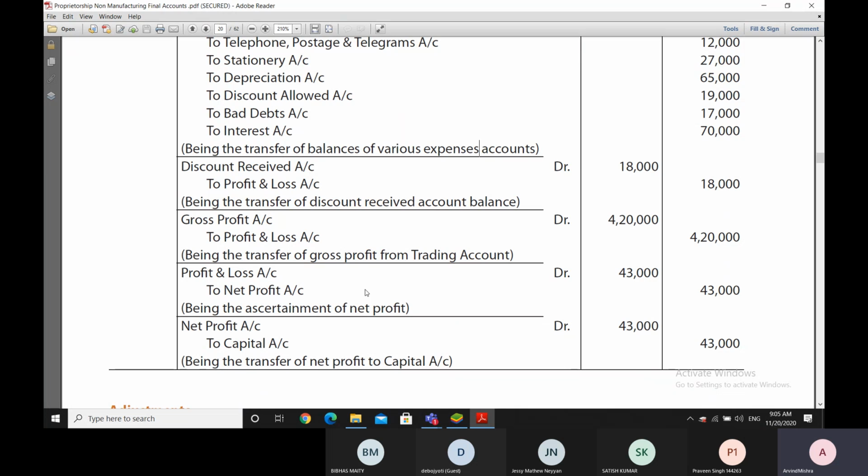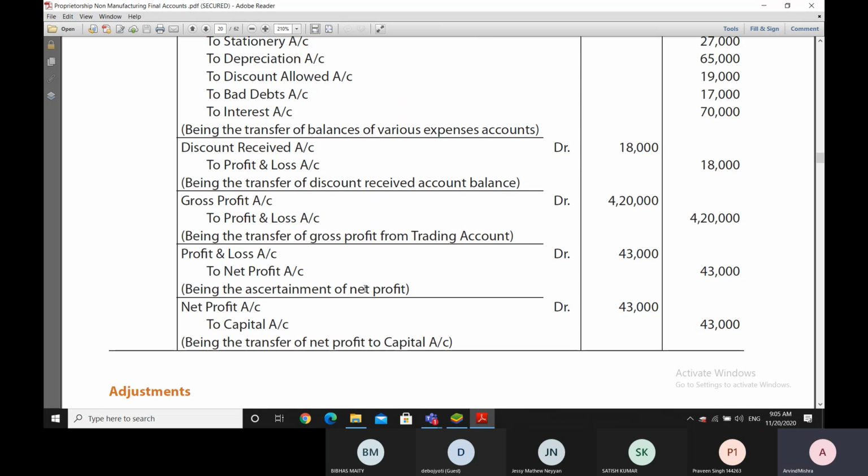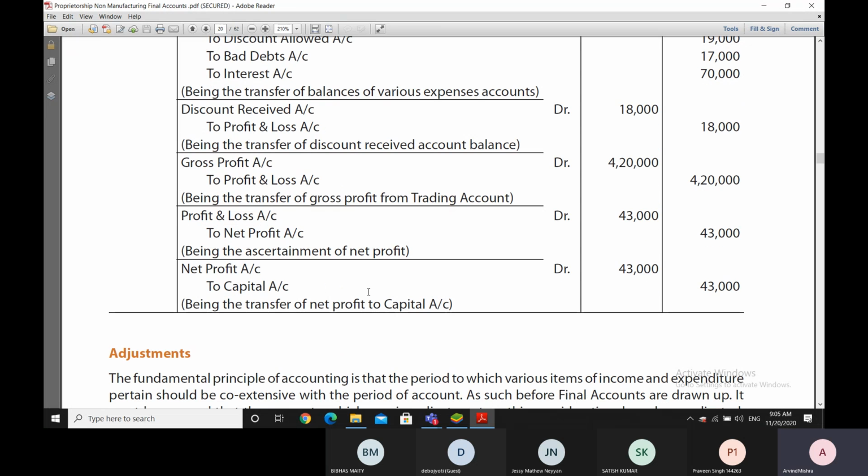And finally, whatever profit that we get in the profit and loss account, we transfer that to the net profit account. And then finally, we derive the net profit, and then we transfer the net profit to the capital account by debiting net profit and crediting capital.